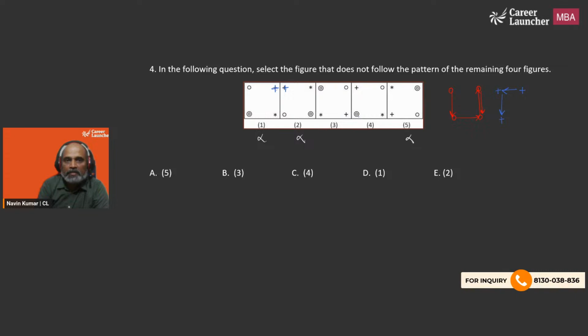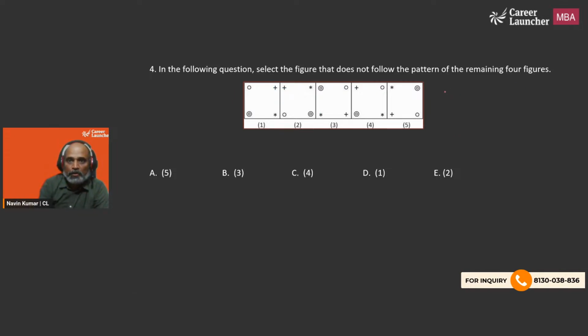And once it comes down, it goes there. So this is not what is being followed then, because it doesn't go here and then come back. So it's not a U shape and a return. So something else is happening.